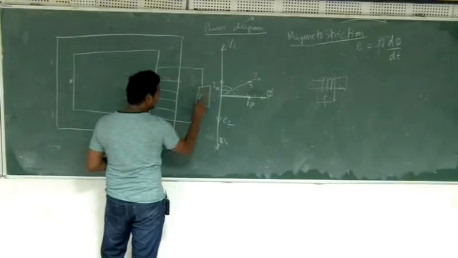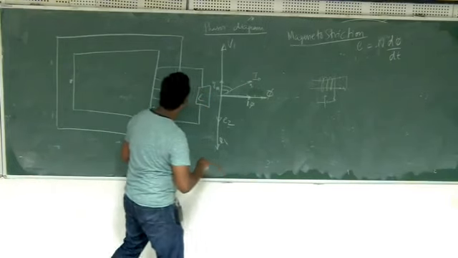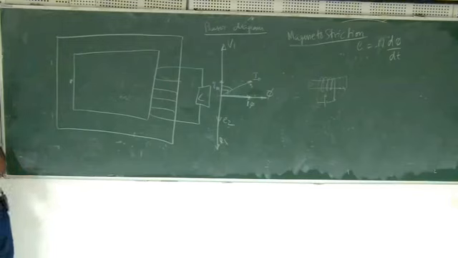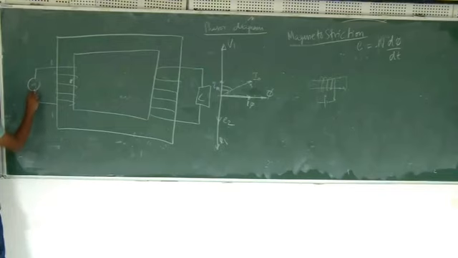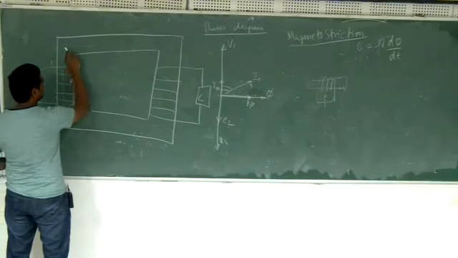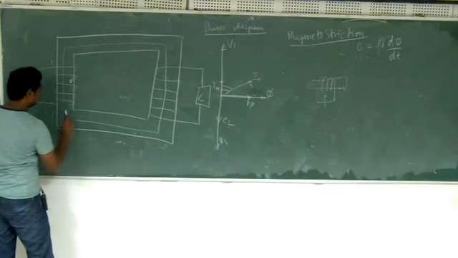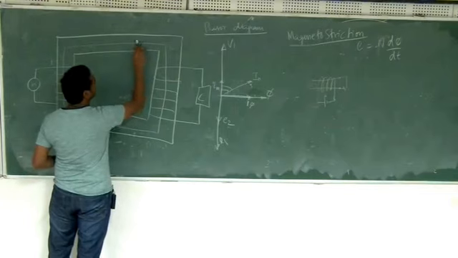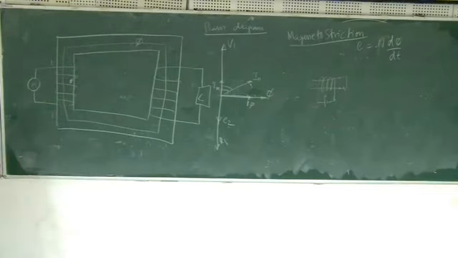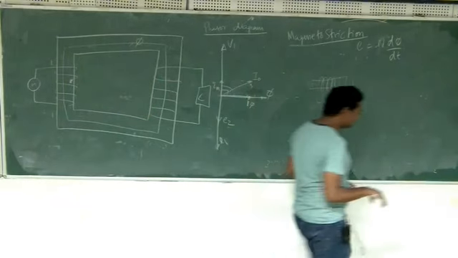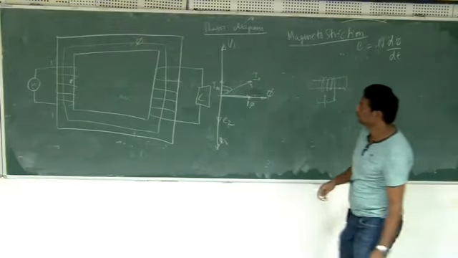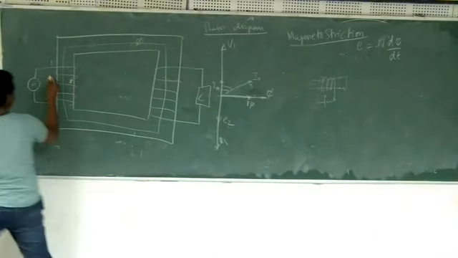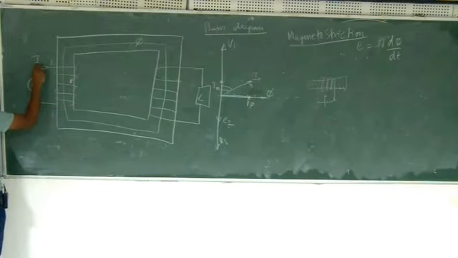So here I am connecting a load. So under no load condition, the flux was phi. Now what is this current? This current is I0.